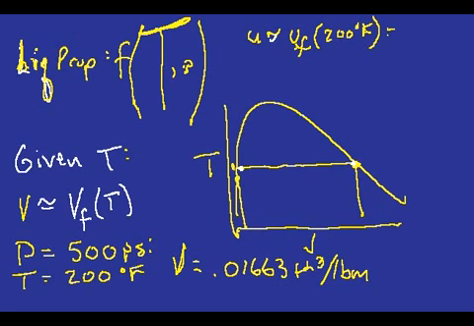And U at 200 degrees Fahrenheit would be equal to 168.1 BTUs per pound mass. Now, I recommend you follow along, get out your tables, and pause the video or whatever you need to do to check this and just confirm that.